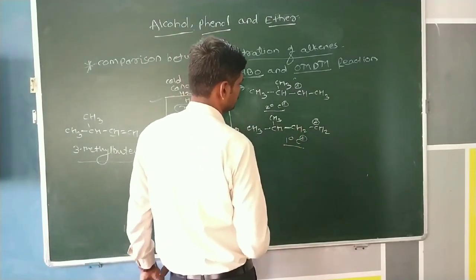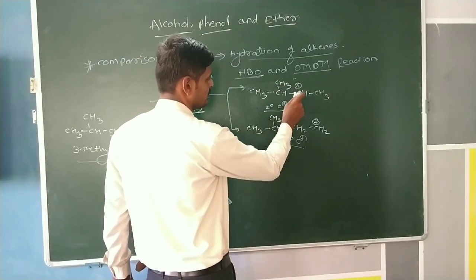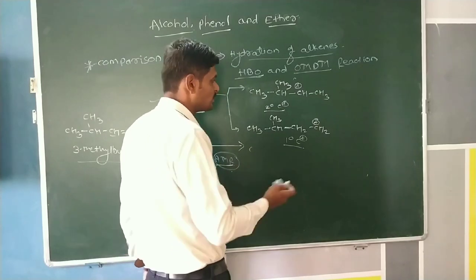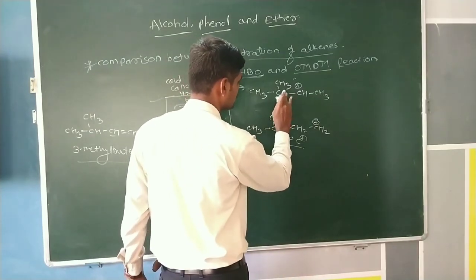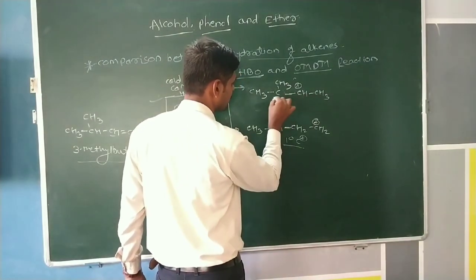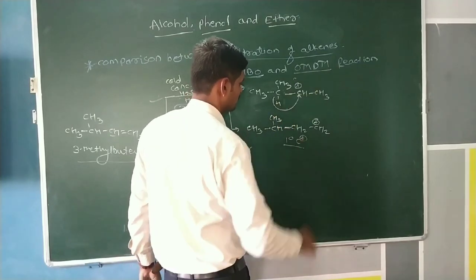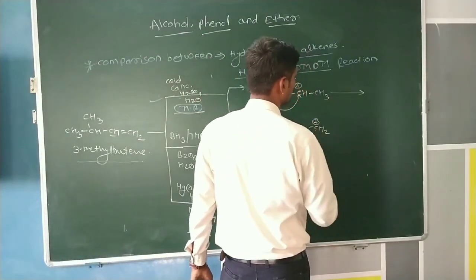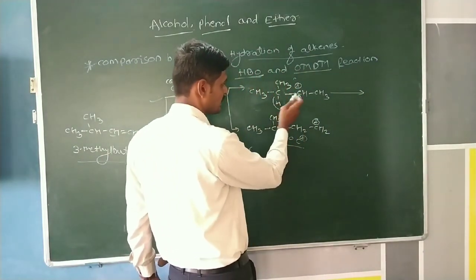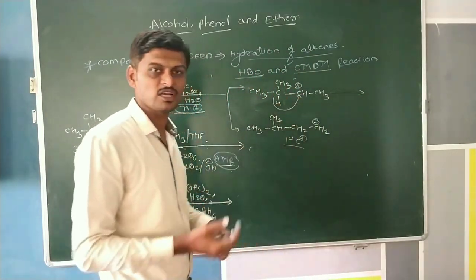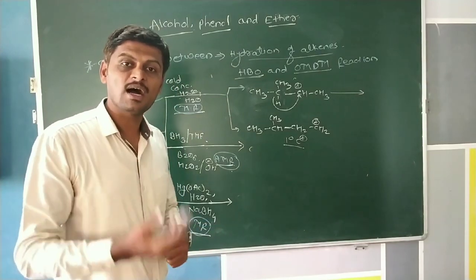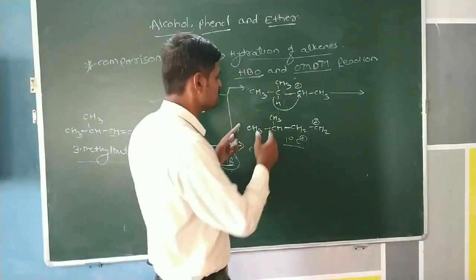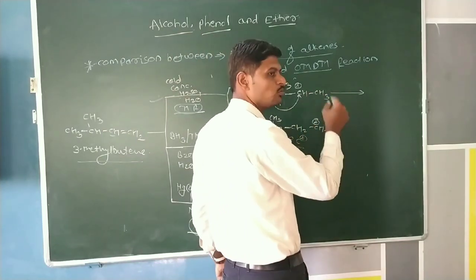But this secondary carbocation gets converted into tertiary carbocation by shifting hydride. This hydrogen is shifted here by a hydride shift. In this process, the secondary carbocation gets converted into tertiary carbocation by shifting a hydride or by shifting a methyl. That means in this step there is a 1,2 methyl shift.